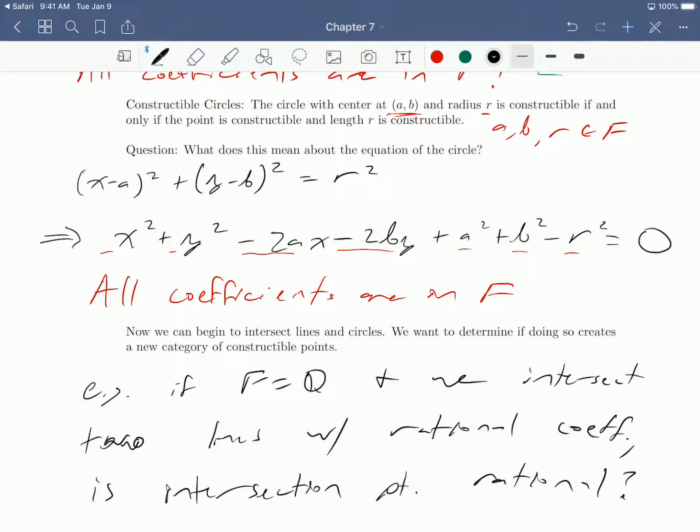Does it have rational coordinates? And what about if we intersect a line and a circle? Is the intersection point necessarily going to have rational coordinates, or at some point do we end up with things that aren't rational numbers anymore? We're going to do some algebra with those equations to answer this question.